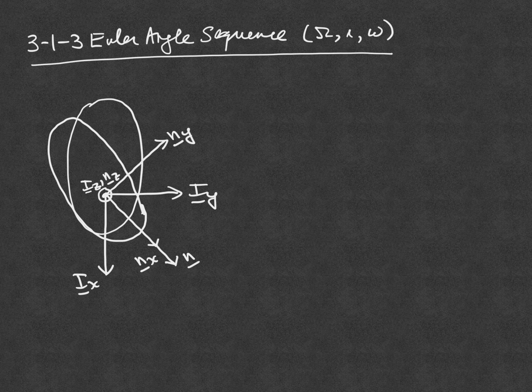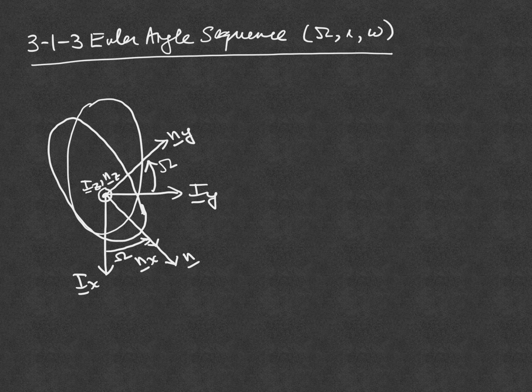The angle of that first rotation is this angle here, which is omega. So that's the longitude of the ascending node. That's the first rotation. The second rotation now picks up where the first rotation left off. So the second rotation is a 1 rotation, right? Because it goes 3, 1, 3, which means the second rotation has to be about this direction Nx.